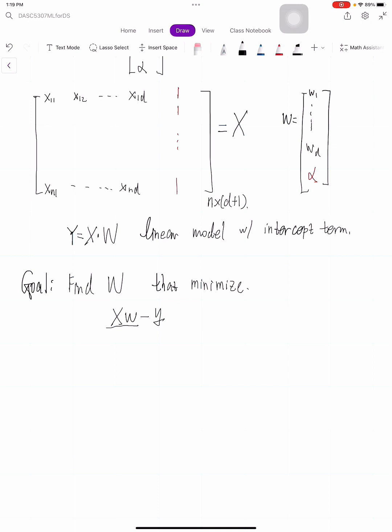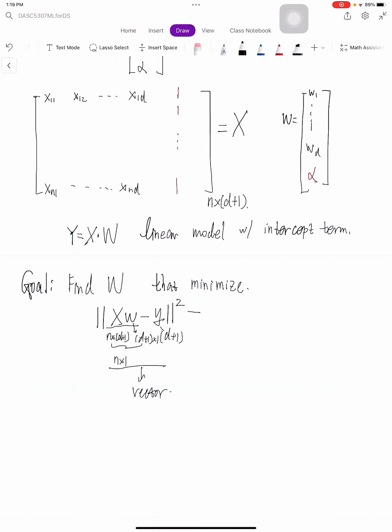X is n times d plus 1, and w is d plus 1 times 1, so Xw will be an n times 1 vector, and y is also an n times 1 vector. For a vector, we can find the length of the vector. Our linear regression problem is equivalent to solving for w to minimize this cost function.